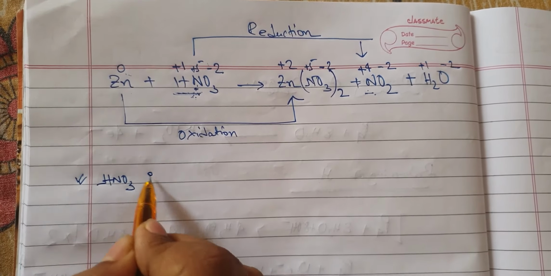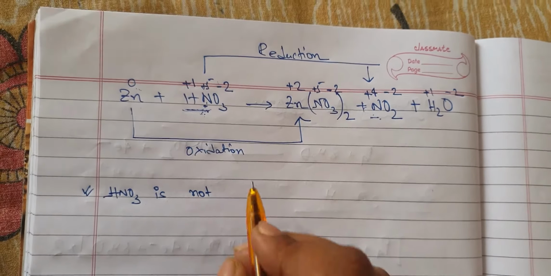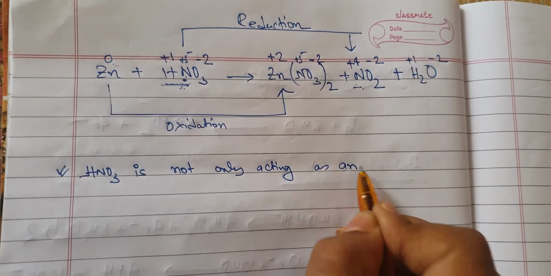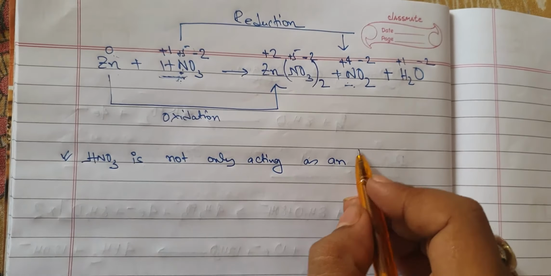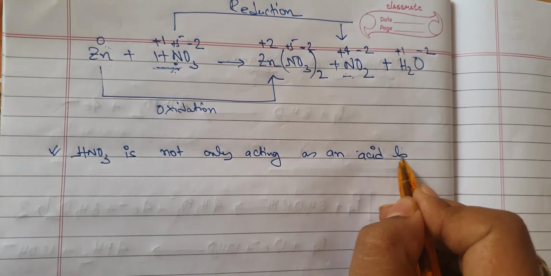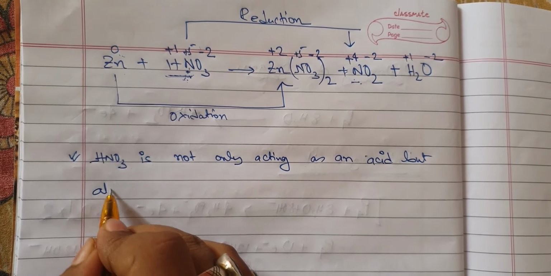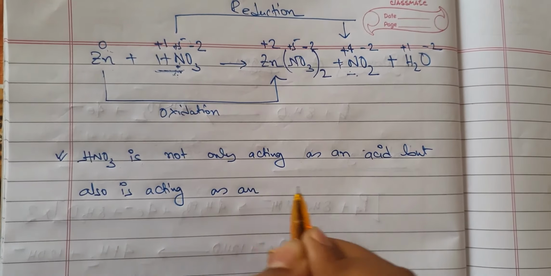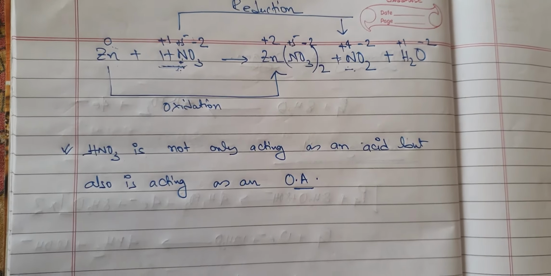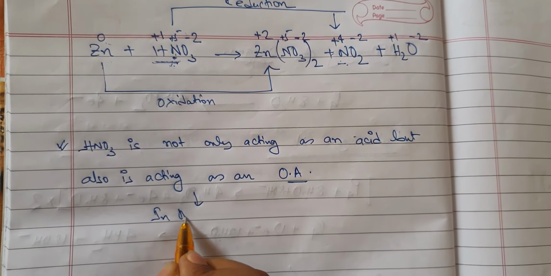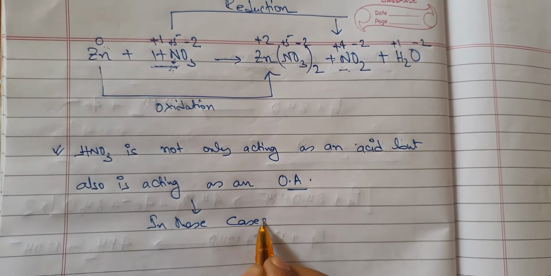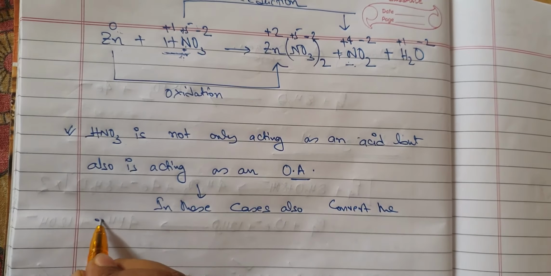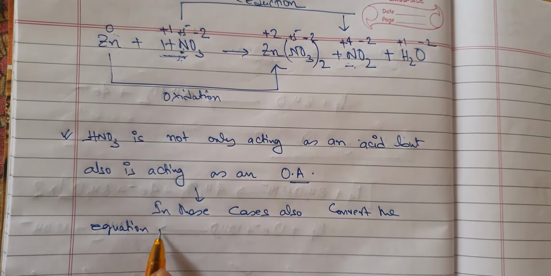So what do you notice? HNO3 is not only acting as an acid, but also is acting as an oxidizing agent. In these cases also, convert the equation in ionic form.